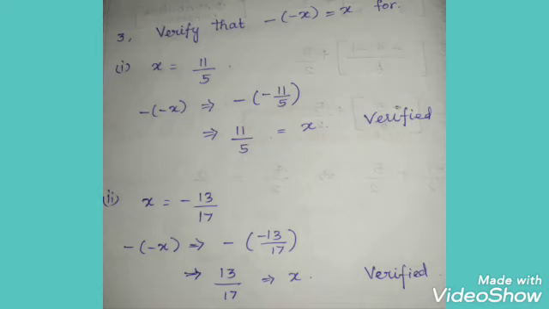So 11 by 5, which means x. So minus of minus x will give you x. It is verified. The next question, x is equal to minus 13 by 7. Minus of minus 13 by 7. Minus into minus becomes plus. What is the remaining? 13 by 7, which is your x. So minus of minus x will give you x.